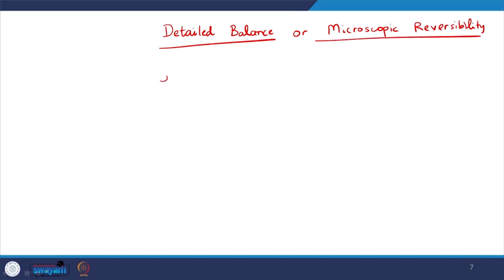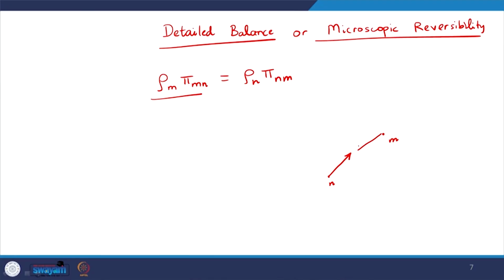what we say is rho m pi m n is equal to rho n pi n m, and that essentially means that if I look at two states in the state space, let us say state n and state m, then the rho multiplied by pi, that is how much of n is going to m, should be matched by how much of m goes to n, right, and that can be thought of as a condition of equilibrium, right.